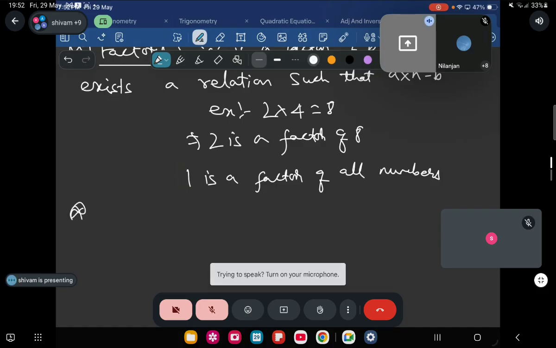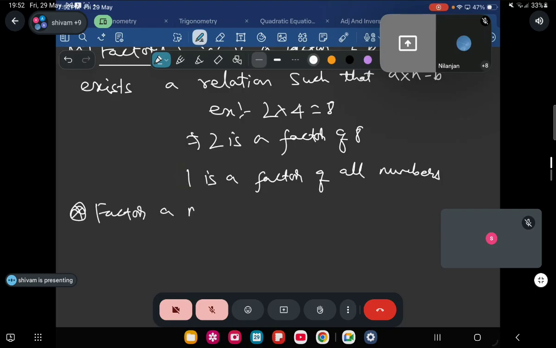A factor of a number cannot be greater than the number itself.